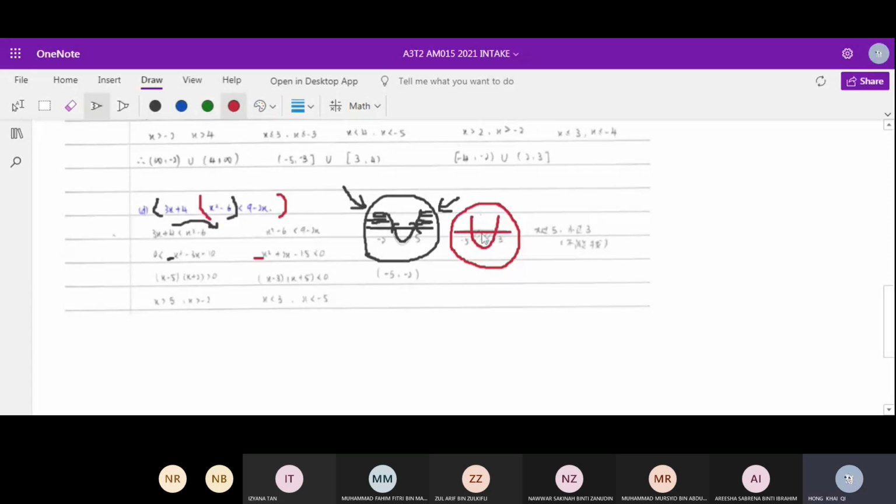Then you put negative 5 here and positive 3 here. We see the symbol is less than 0, so we need to shade here. So we'll get x is between negative 5 and 3.